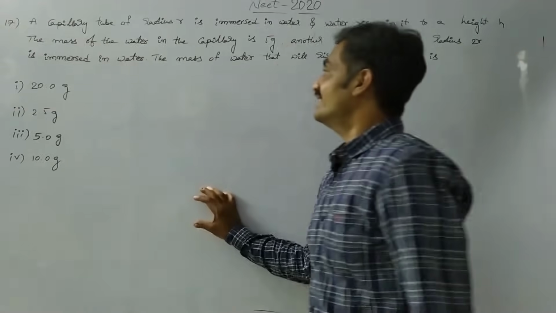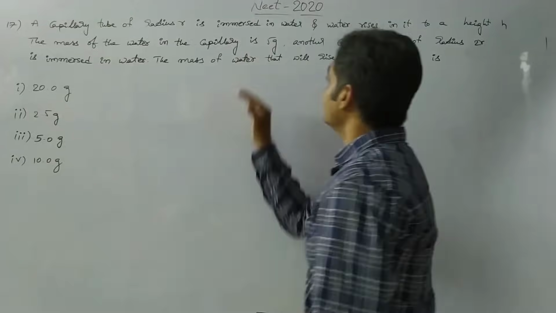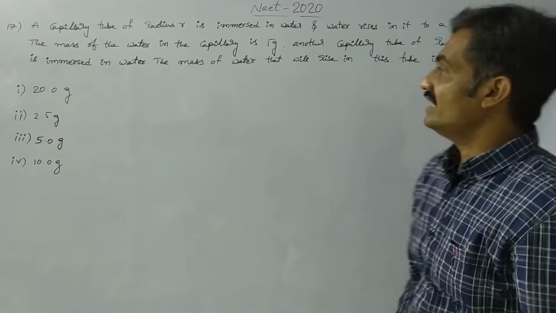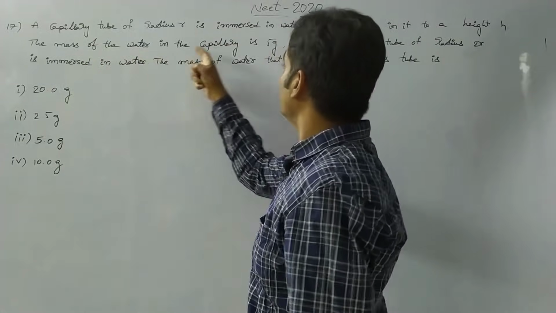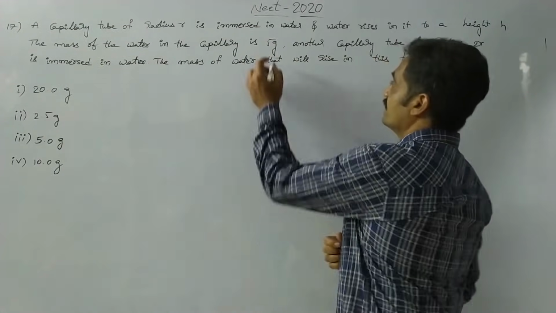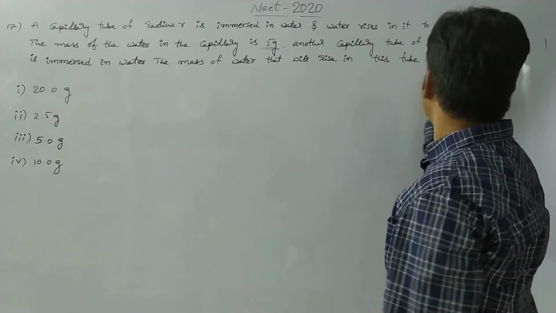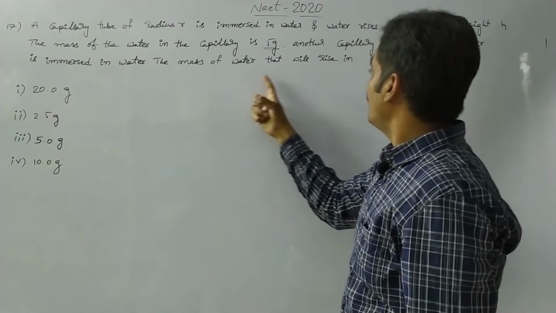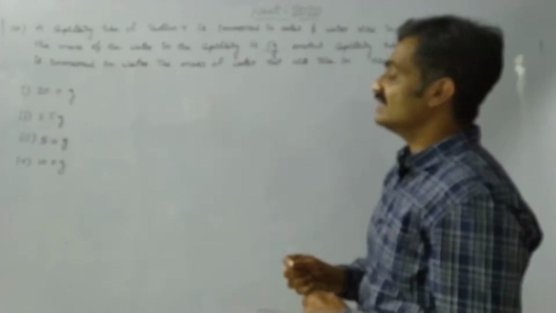And the next question is: a capillary tube of radius r is immersed in water and water rises in it to a height h. The mass of the water in the capillary tube is 5 g. Another capillary tube of radius 2r is immersed in water. The mass of the water that will rise in this tube is.